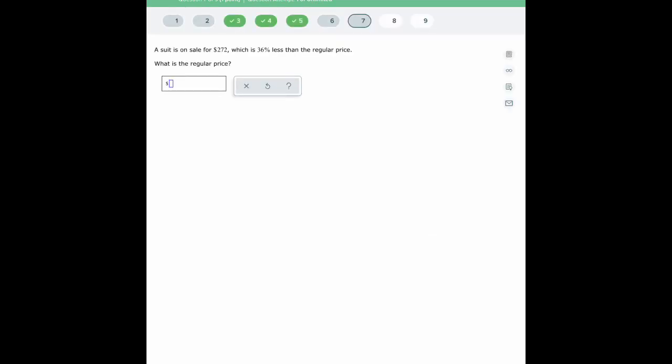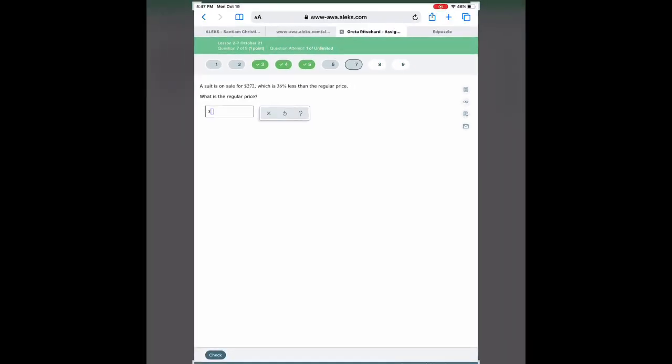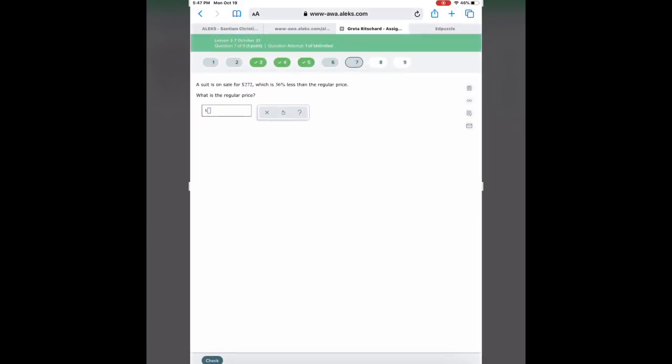A suit is on sale for $272, which is 36% less than the regular price. What is the regular price? Okay, so we had a regular price, and it was discounted. It goes down to $272 when we're done discounting, and the price was X. And we're going to need to multiply that by, it's 36% less than the regular price.